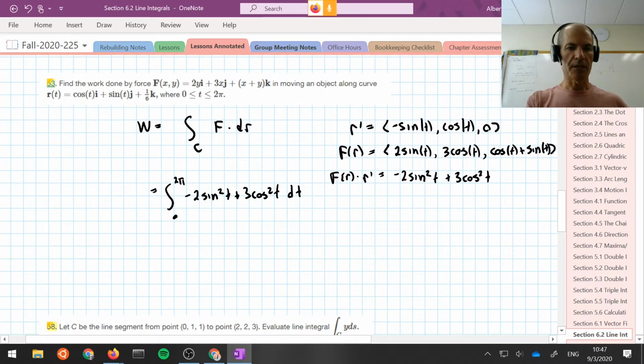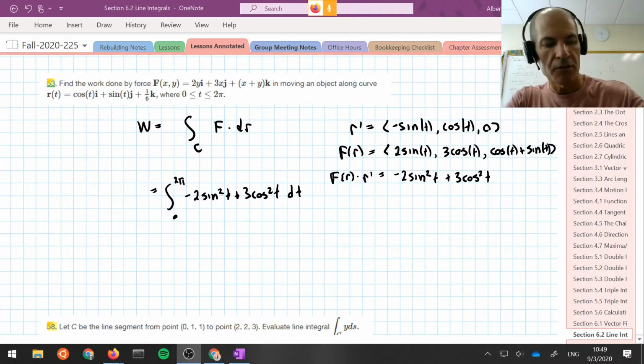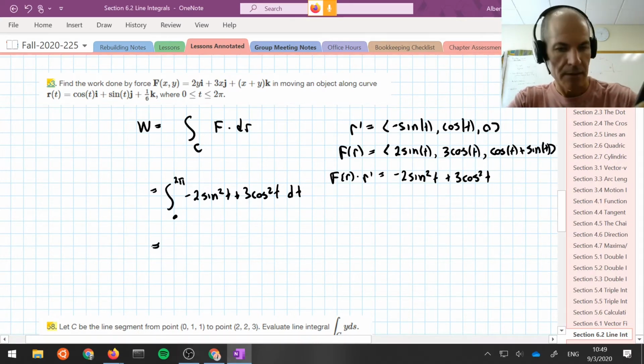And let me just double check my notes here. All right, and we're ready to integrate, I guess. Once again, jumping over to Sage, we get pi.